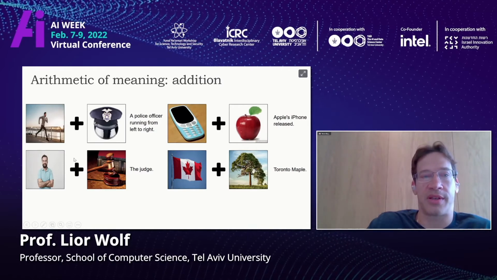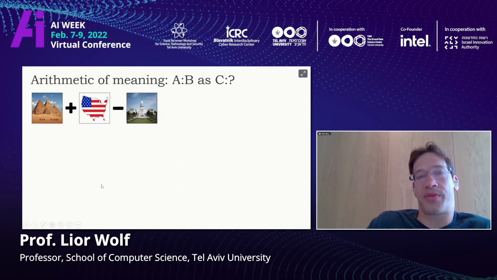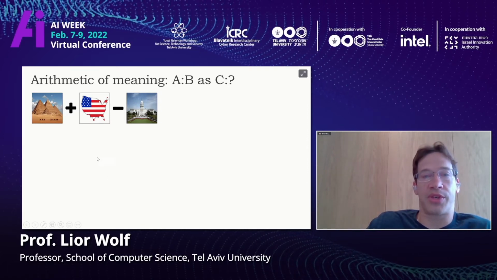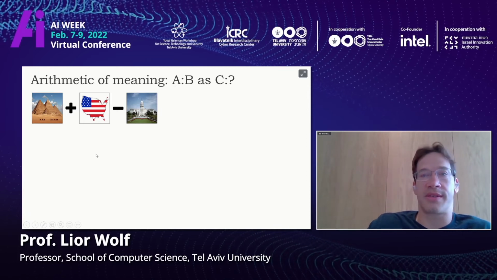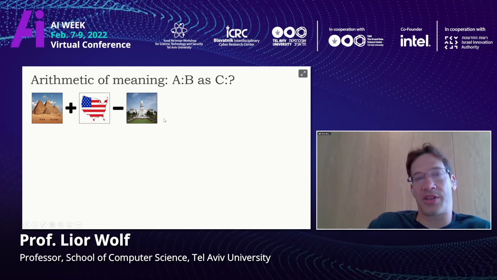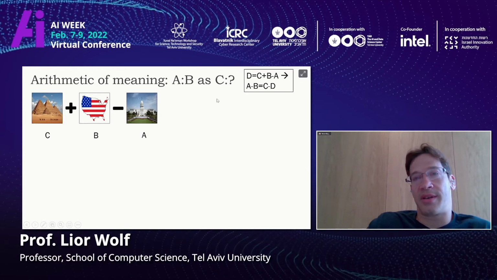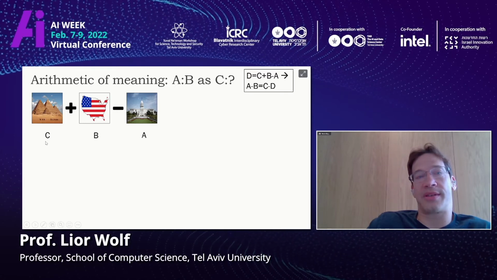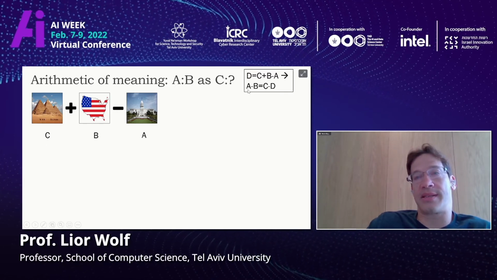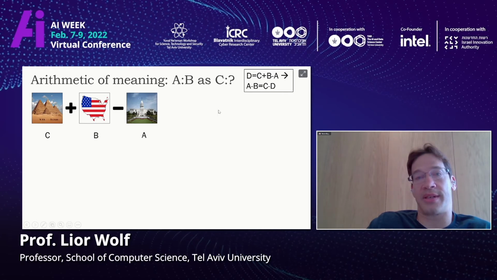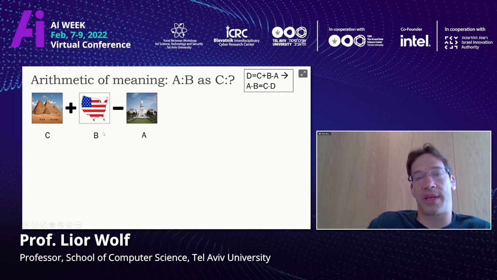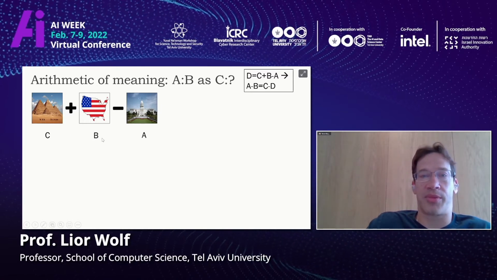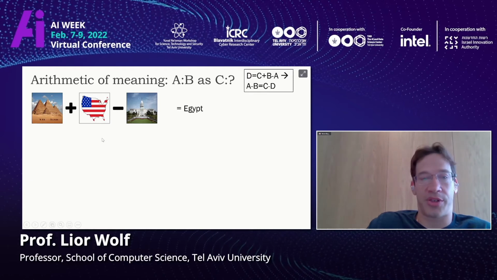Also works for addition, and also works for relations and analogies. So if you would like to solve questions such as A is to B, as C is to D, this is actually the right equation to solve it, because if we take this equation, C plus B minus A, it's the same as A minus B equals C minus D. We give these three images to CLIP with the correct arithmetic operators, and then we use our system to extract the text, and we get Egypt.